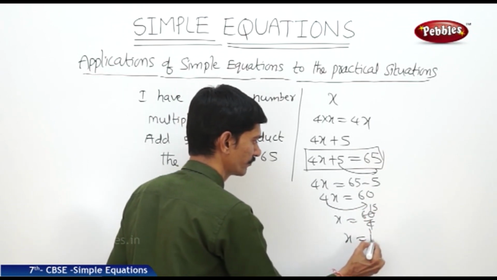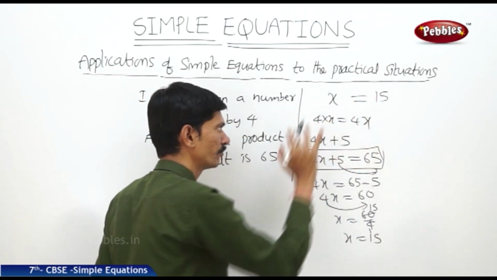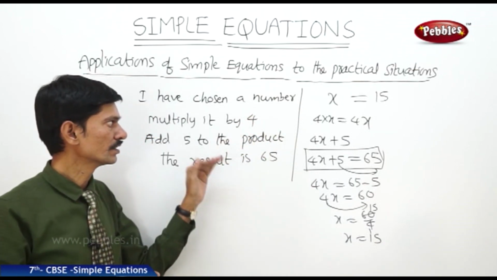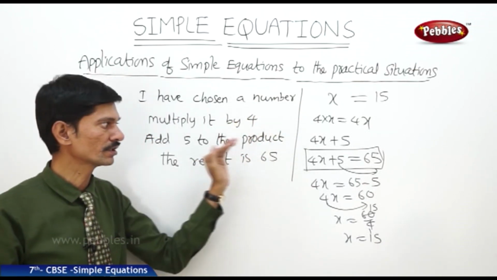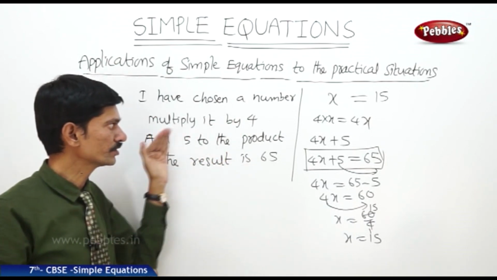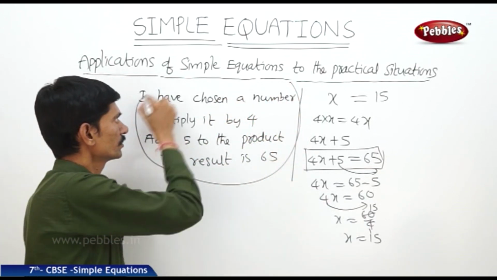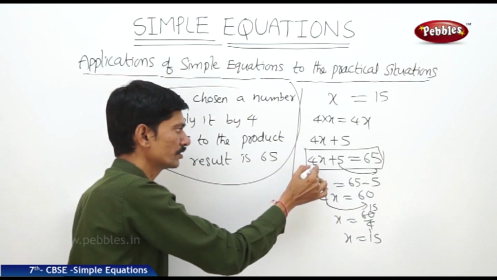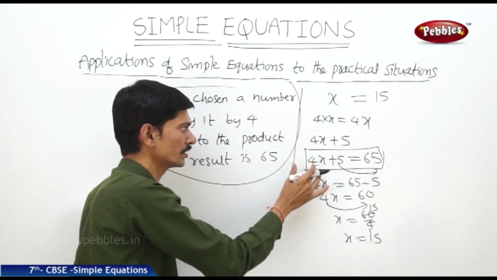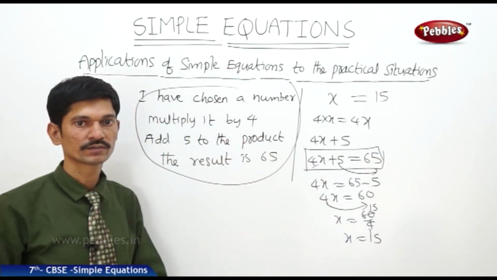So x equal to 15 means the required number is 15. The number I have chosen is 15. So whenever any problem is given from our day-to-day life situation or from our practical life, we should convert that rider into the simple equation. Then we should solve the simple equation and get the value of the variable present in that equation. Then we get the solution of our rider.